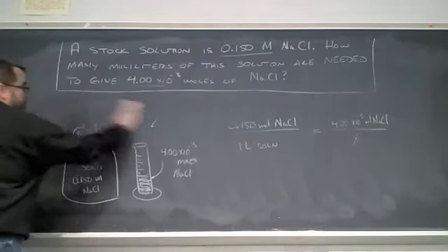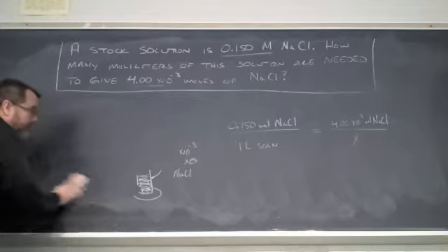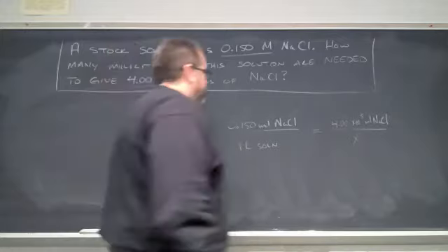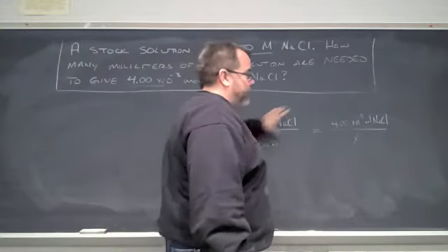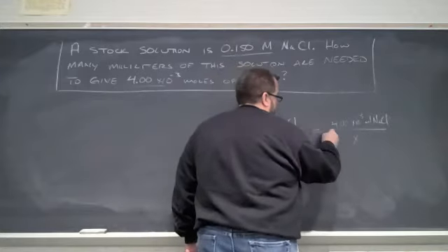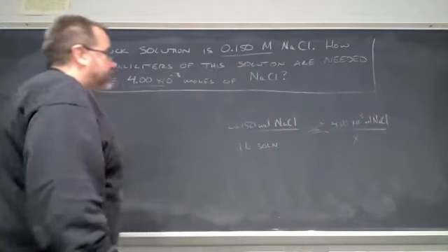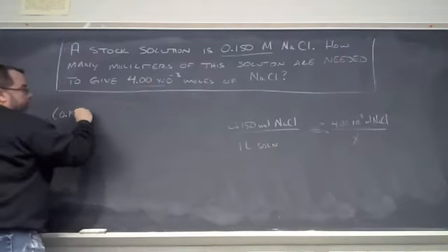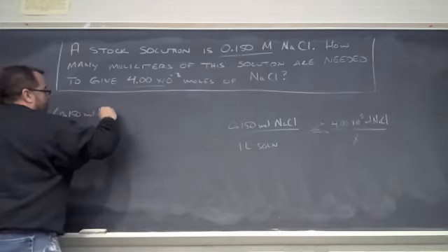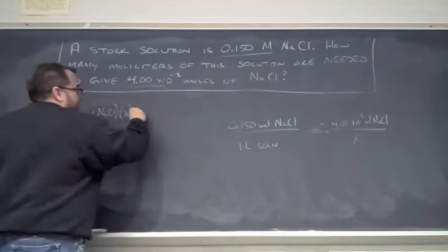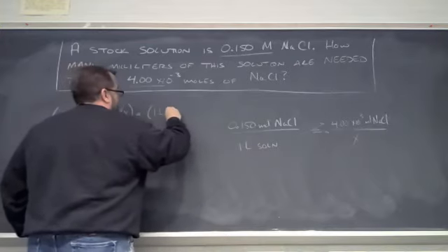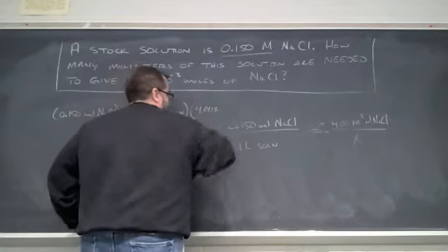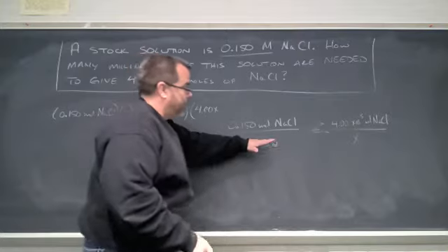Okay, so now all we have to do is a little bit of algebra. If you remember from algebra, middle school, maybe high school, if you've got two fractions that are equal, you can solve for x by cross multiplying. Okay? So this means that 0.150 moles of sodium chloride times x is equal to 1 liter of solution times these two, right?